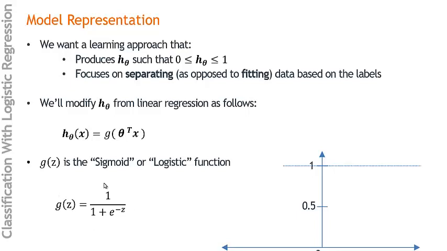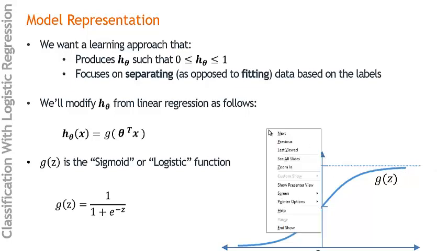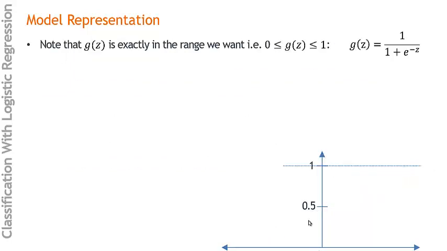So this is the one that's typically used. If you plot this graph, you will see that it passes through 0 and 0.5, and it has an asymptote to the left at 0 and to the right at 1. So that's what it looks like.